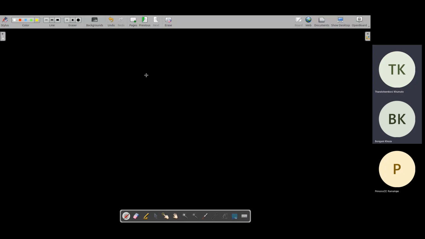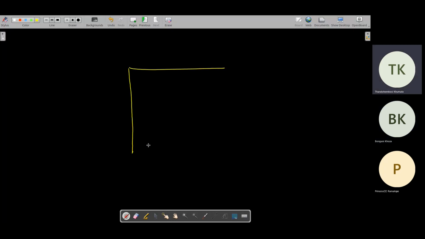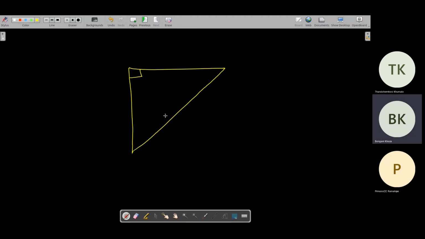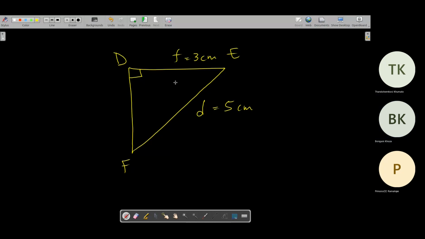We are given this triangle with a 90 degree angle. It is called DEF. This side, which is D, is 5 centimeters. Actually, let's remove the 3 centimeters over here and just give it F like that.